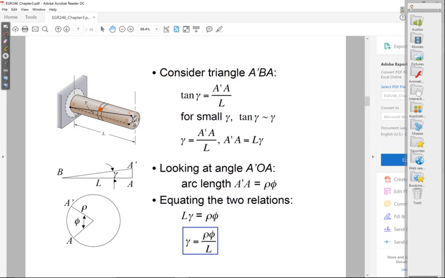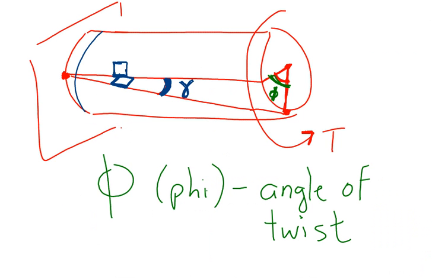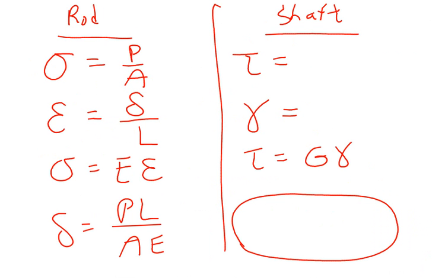But needless to say, gamma equals rho phi over L, where rho is the radius of the cross section.